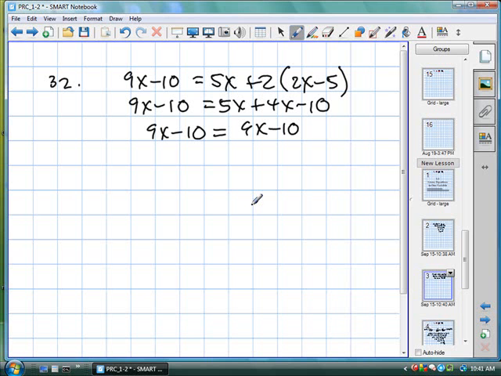That's what they call an identity. They didn't ask you to identify it, but you're right. You would just say all values of x. If you add 10 to both sides and subtract 9x, you get this. Well, that's always true. So whenever you have an identity like that, two things identical, that's telling you that every single number will work.